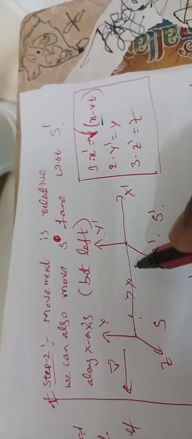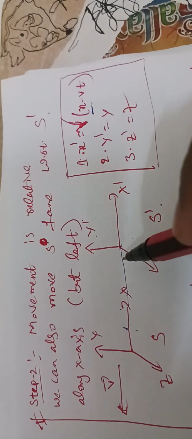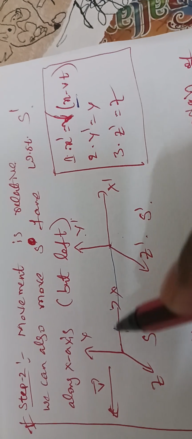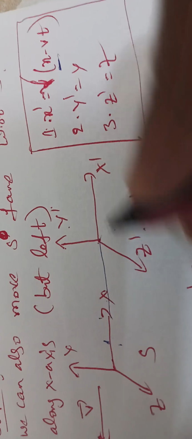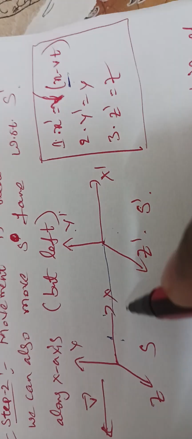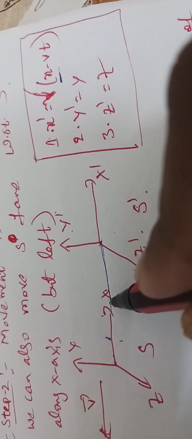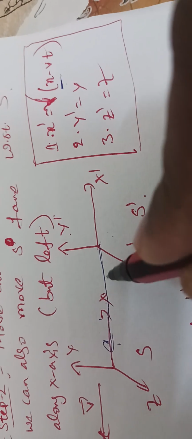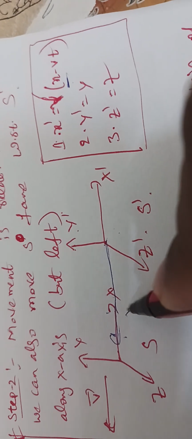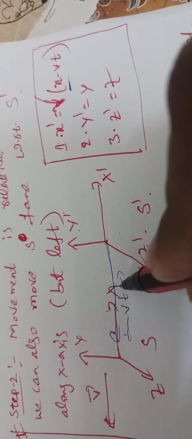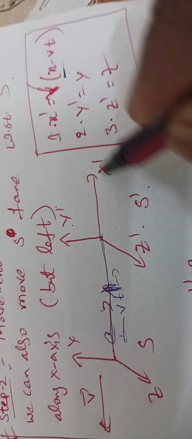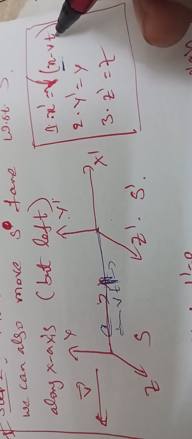Now this is moving in the negative direction from the original position, so in the x direction I am writing minus vt. So that is x minus vt.